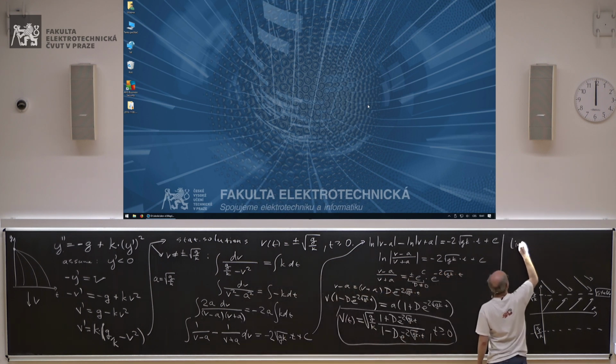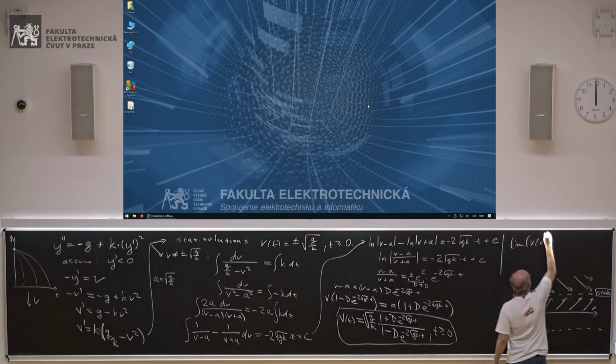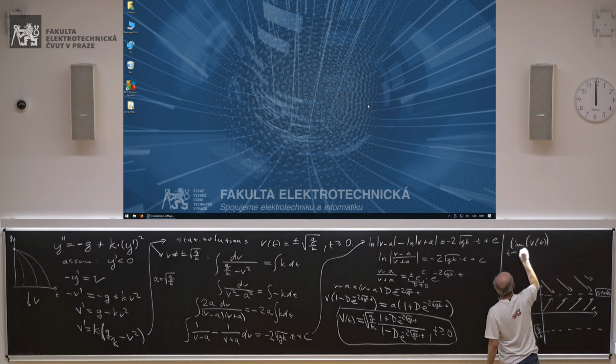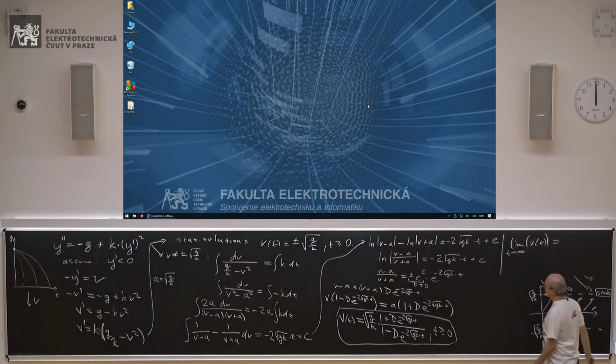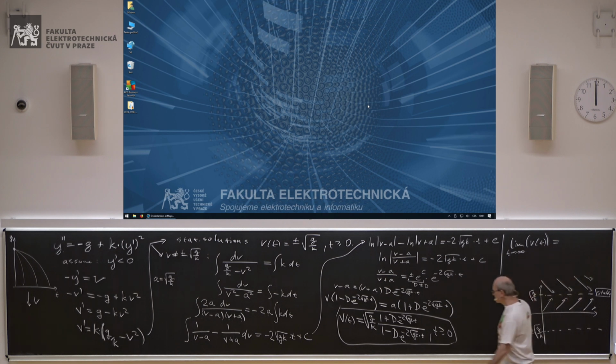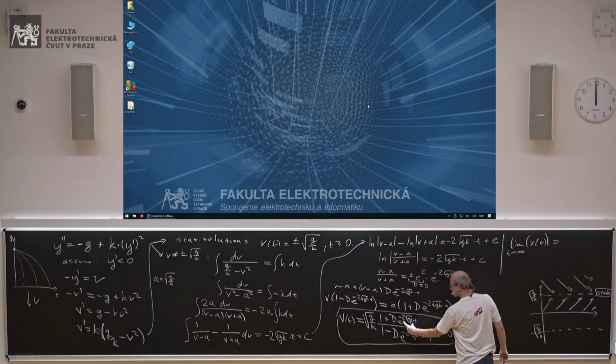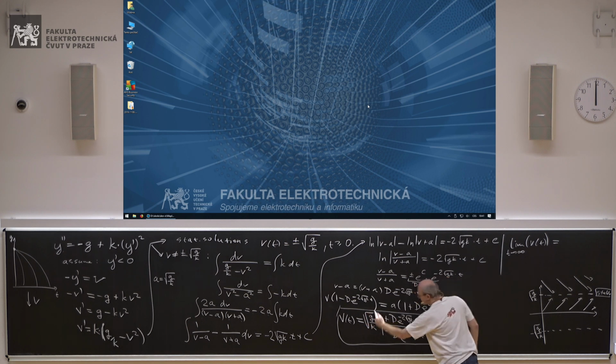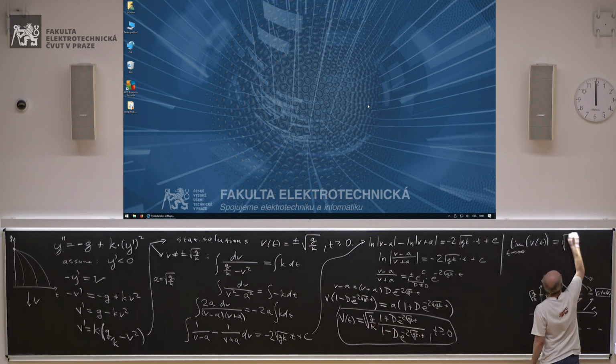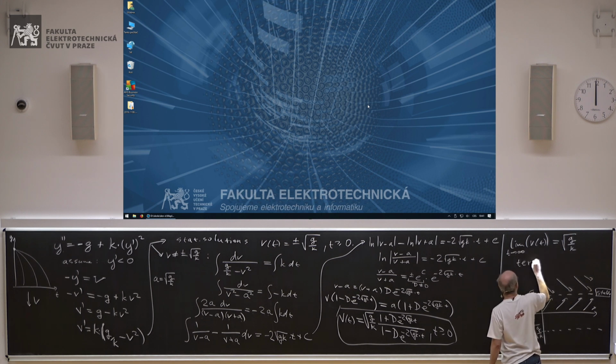What's the limit of the velocity as t goes to infinity? Well, if t goes to infinity, that's a positive constant times infinity, which is plus infinity, but there is minus in front of it. Exponential to negative infinity goes to 0. 0 here, and we get this. This is so-called terminal velocity.